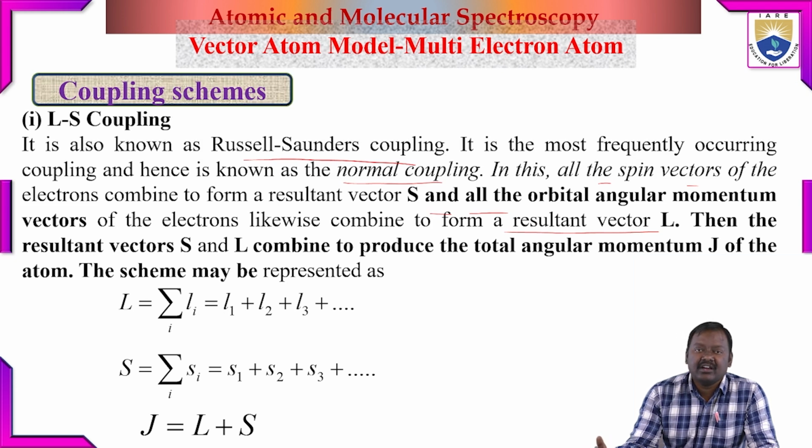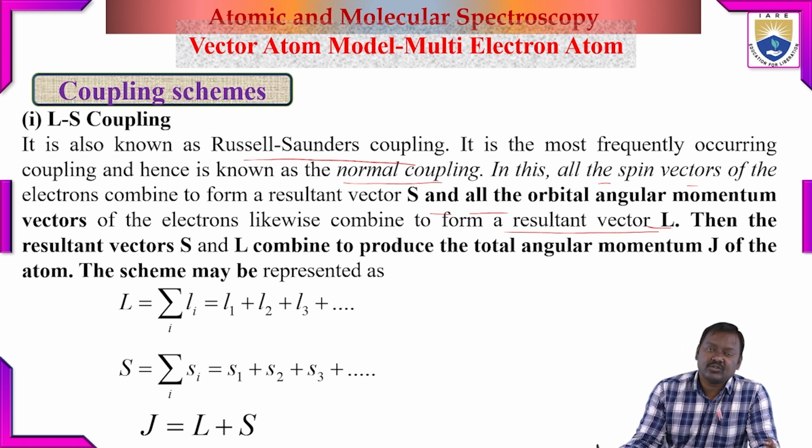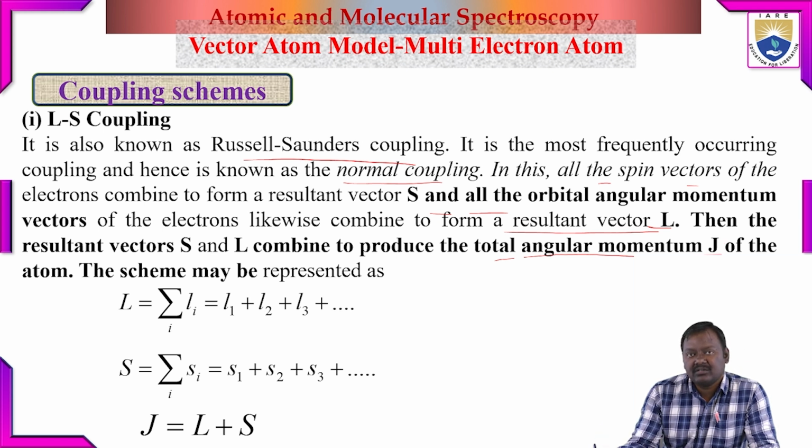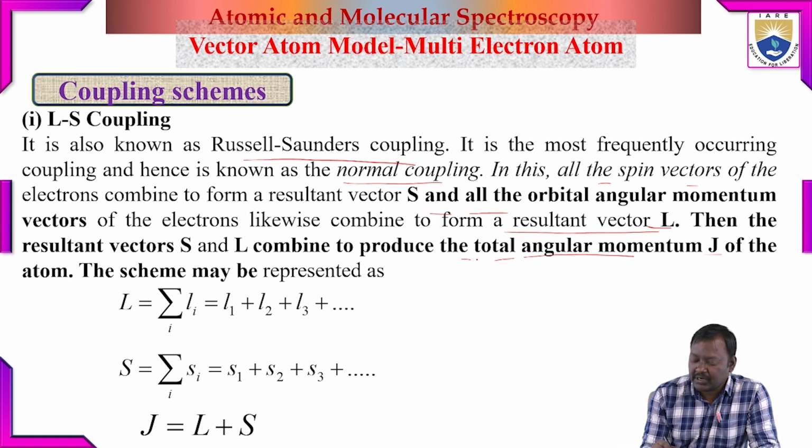In the same way, individual electron orbital angular momentum quantum numbers are added to give the total orbital angular momentum quantum number L. So we obtain the total resultant spin angular momentum quantum number and the resultant orbital angular momentum quantum number, and then we combine these two resultant vectors to give the total angular momentum quantum number J. So after adding these two quantum numbers, we will get the total angular quantum number J of the atom.